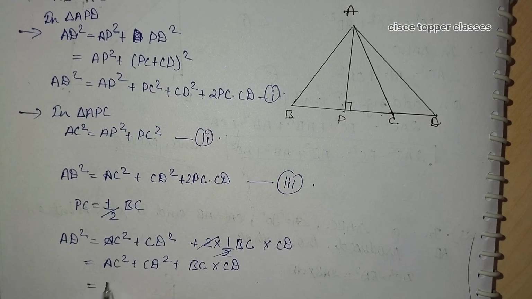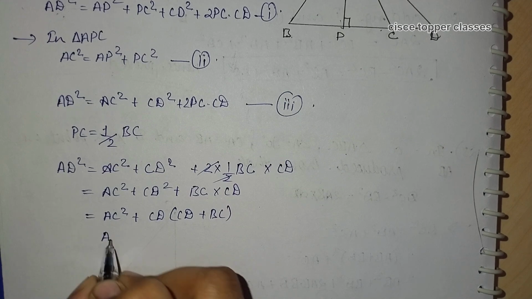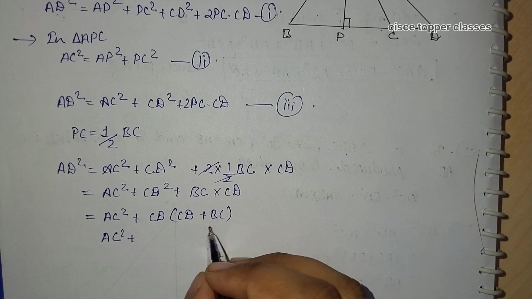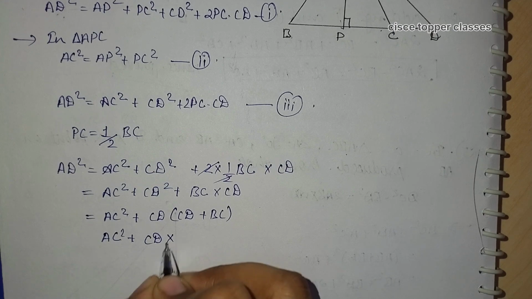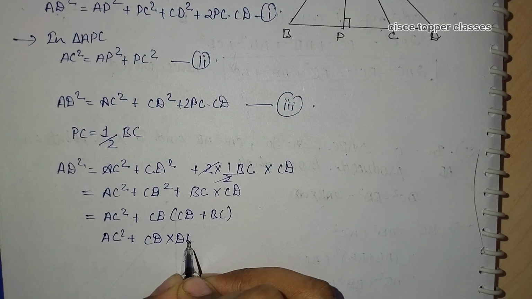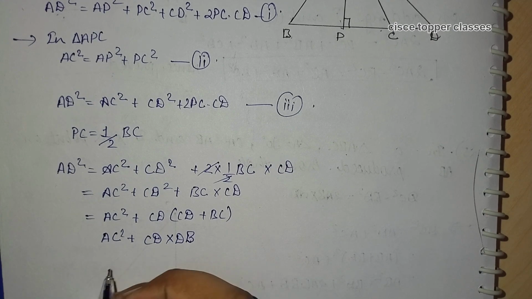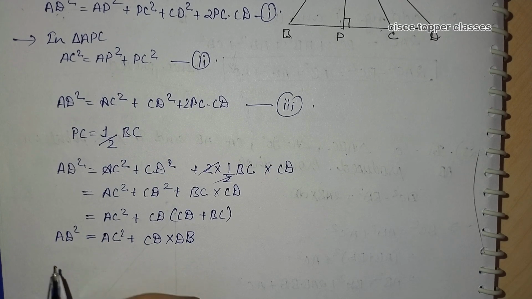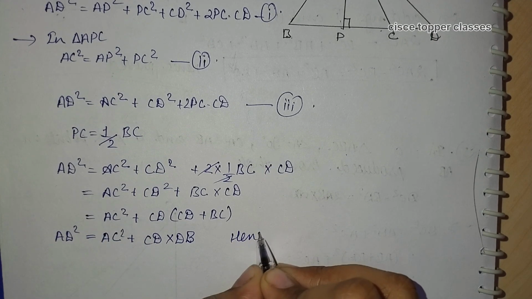So we can write AC square plus CD into (CD plus BC). And again CD plus BC is equal to BD, so we can write CD into BD. This is only what we have to prove in this question. So this is the final answer, hence proved.